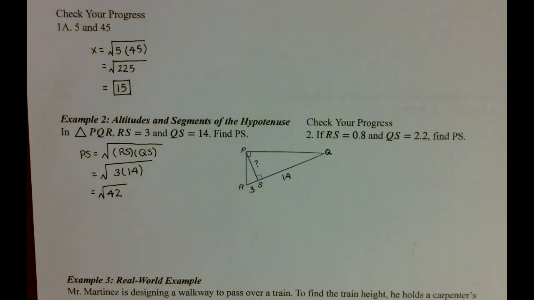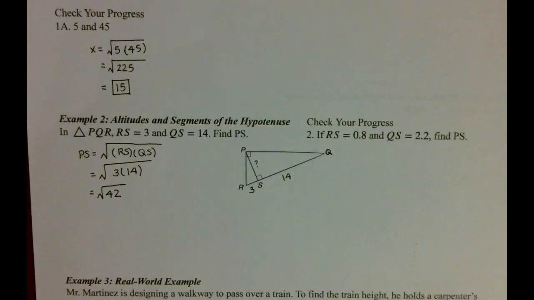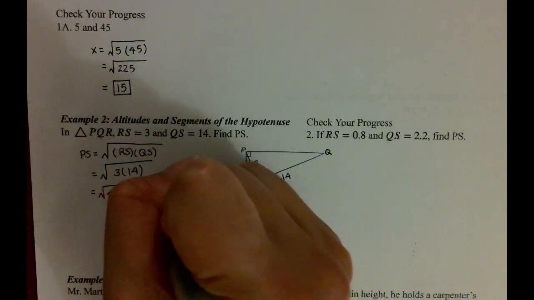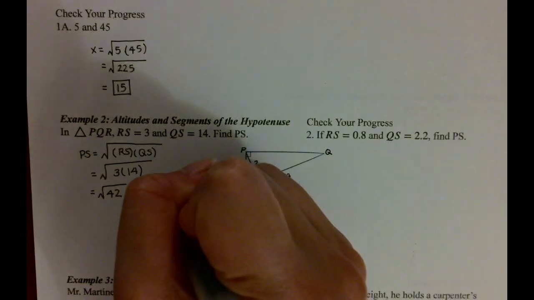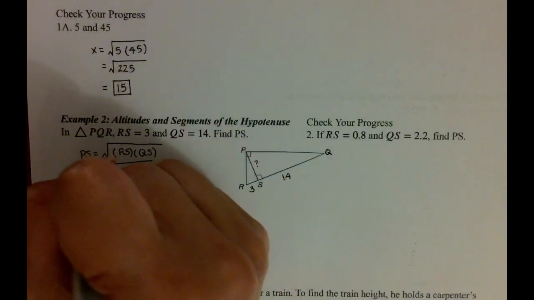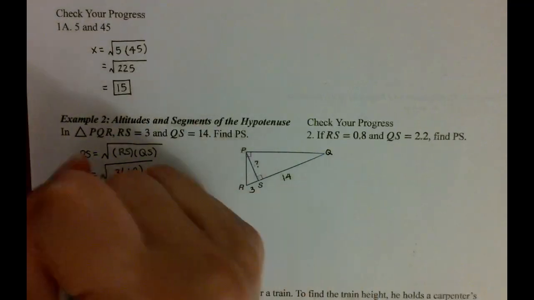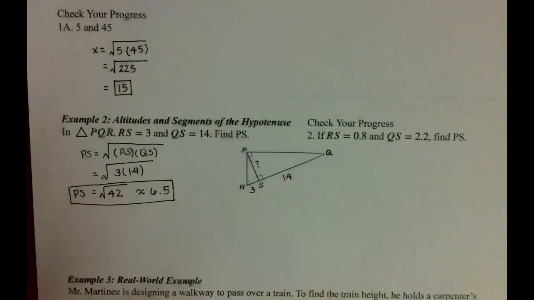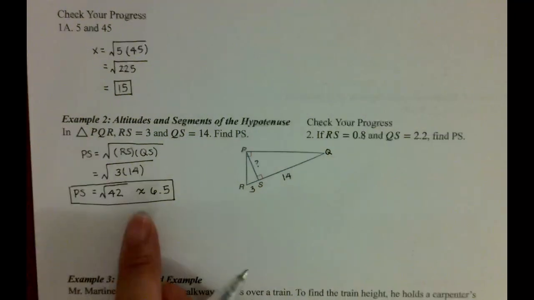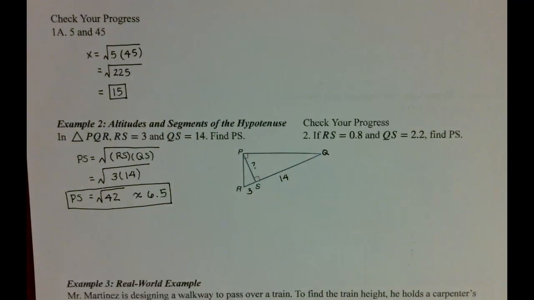If I wanted to figure out what it is approximately, it is approximately 6.5. In the book, it explains why this theorem is true, and that's because of this idea of similar triangles.